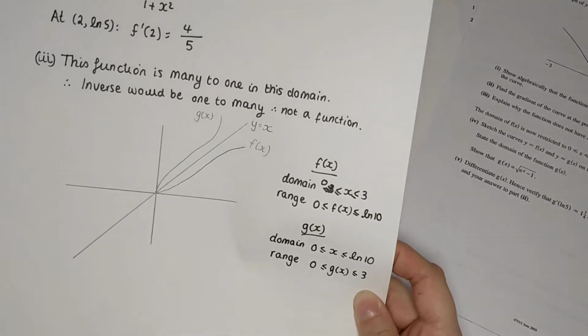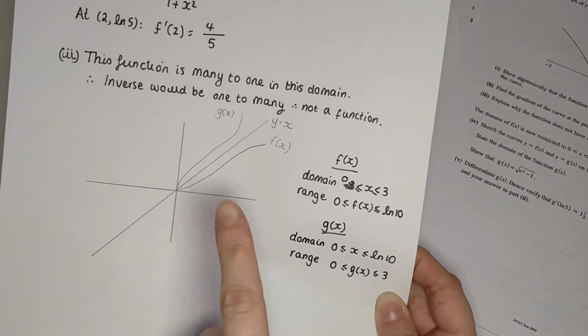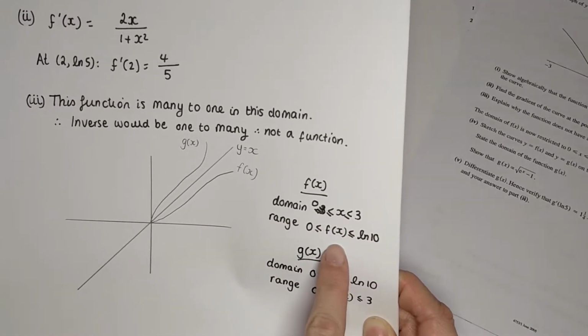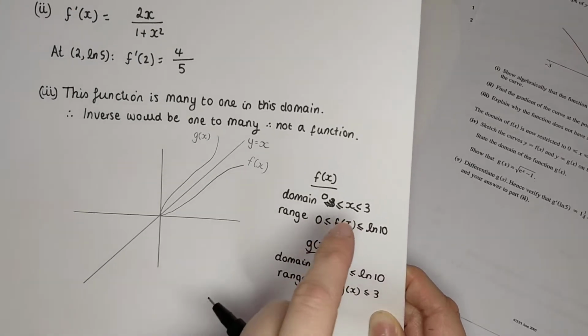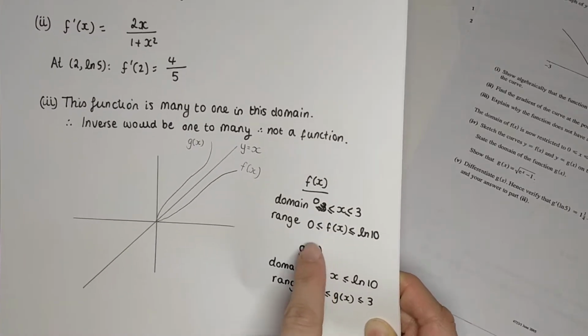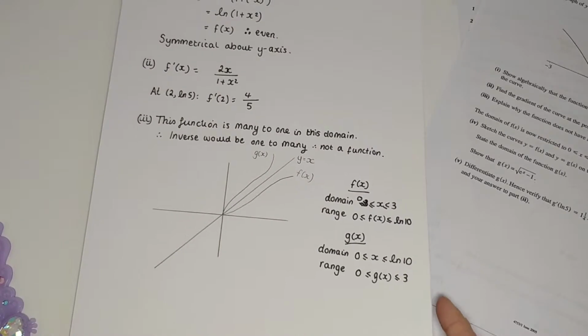I only wanted the domain, but I just felt like doing that. Notice how for domain you write it in terms of x, and for range you write it in terms of f of x, or you could write it in terms of y if your function was given as y equals. And I did the same for g of x here.